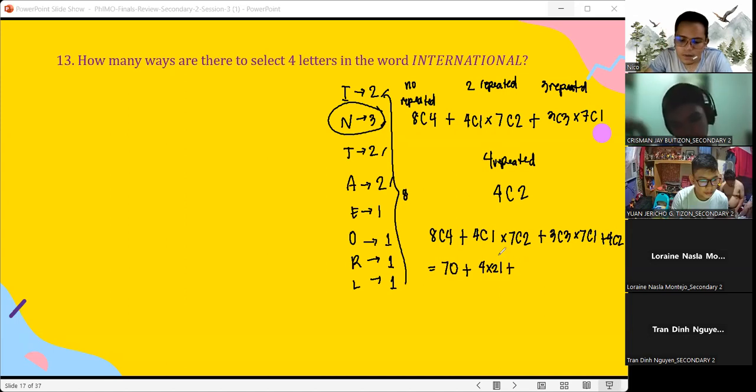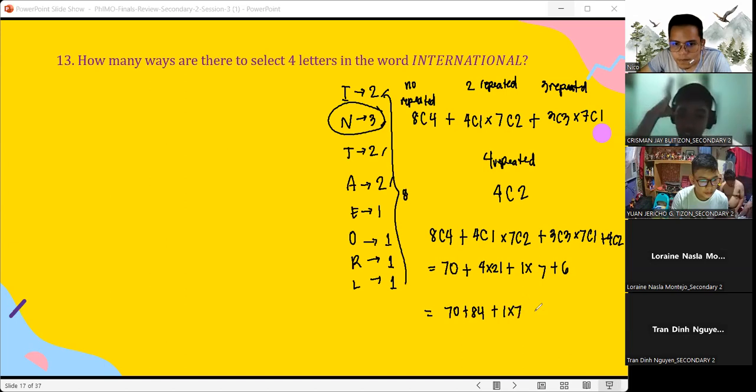Then 3C3 is of course 1 lang. Then 7C1 is 7. And then 4C2 is 6, right? So this one here is 70 plus 84 plus 1 times 7 plus 6. So the answer here is 167.